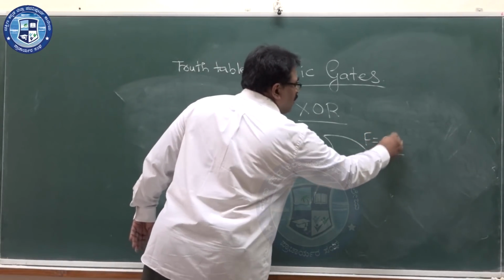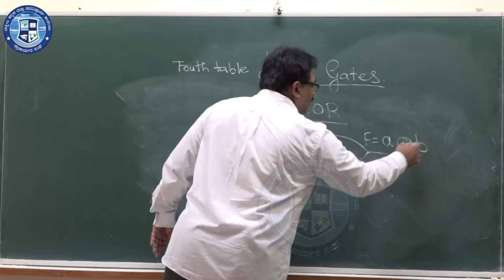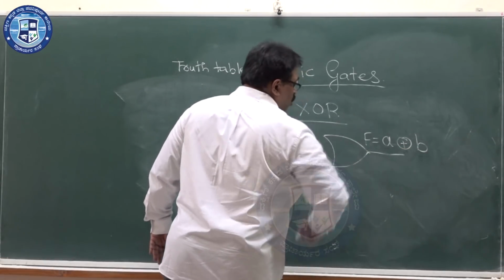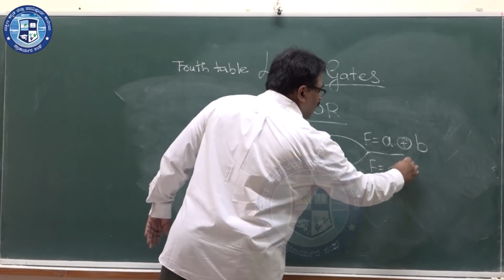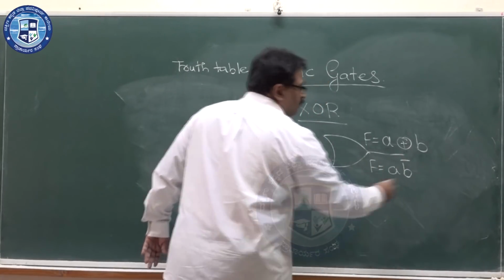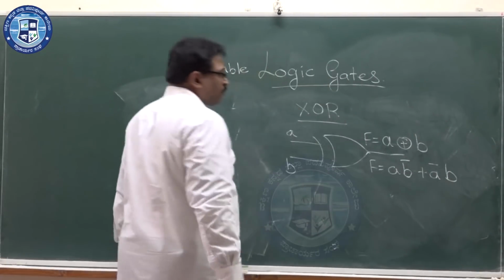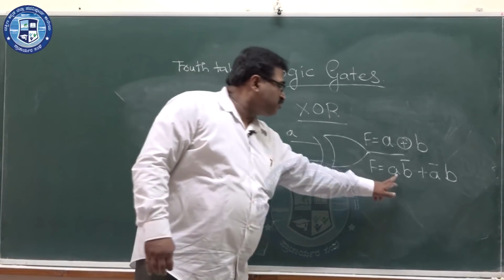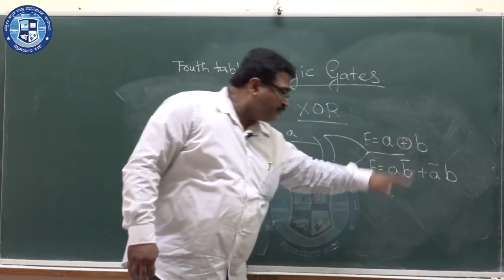Output is equal to A XOR B. So this is A XOR B, or I can have the expression as F is equal to A B bar plus A bar B. So your expression is A B bar plus A bar B.